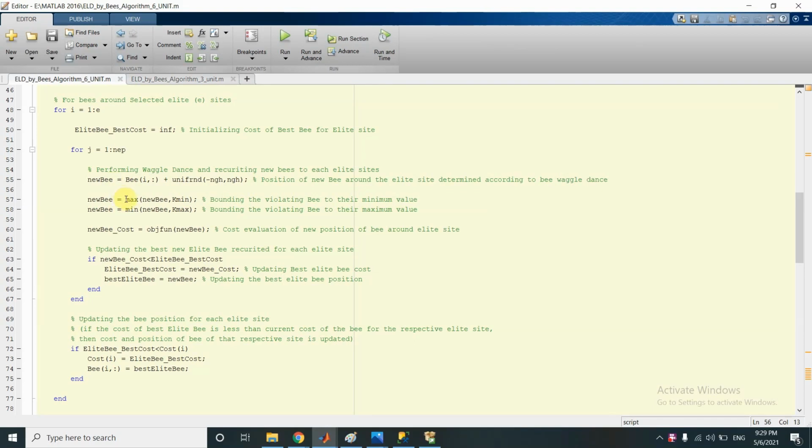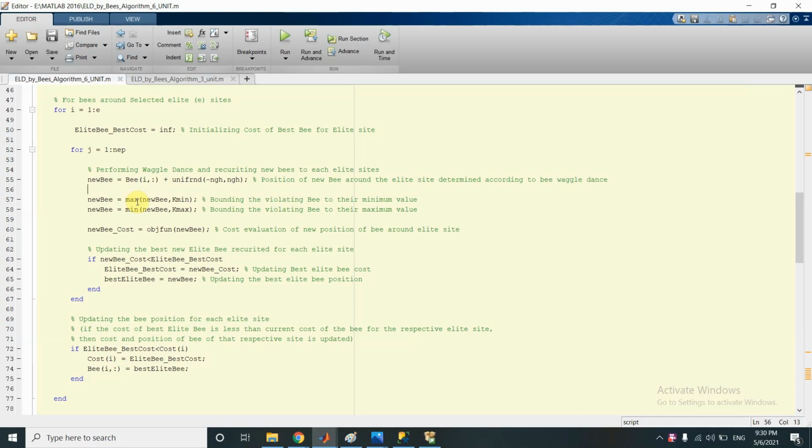For example, if the value violates the upper limit of any dimension, then we will forcefully put the value equal to the upper limit, and if that value violates the lower limit of any dimension, then we will forcefully put the value equal to the lower limit of that particular dimension.